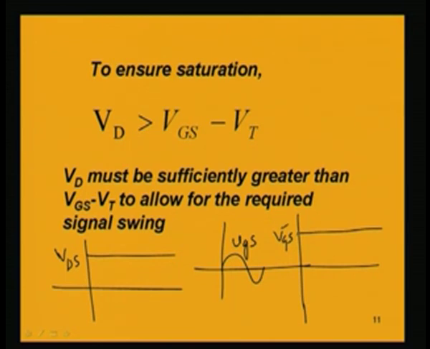Because of the application of this signal, we have a small i d. Due to this small i d, we will have a corresponding small v d. So, at no point of time must VDS or VD be less than this quantity.